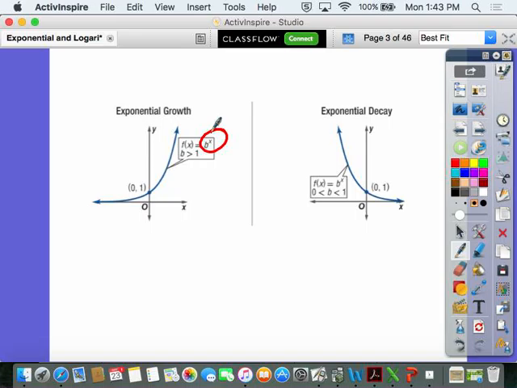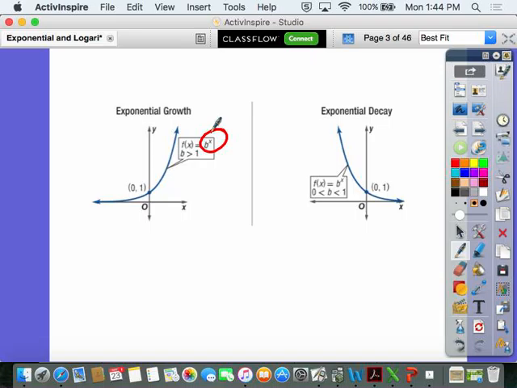If you notice, both of these graphs cross through the y-axis at (0, 1), and they both have what? Their end behavior for decay: as x approaches positive infinity, y is approaching 0, which means there's a what at y equals 0? An asymptote. There's actually an asymptote for both the exponential growth and decay. They share some similar properties too.